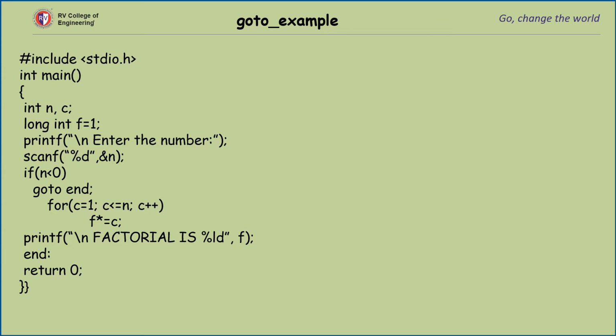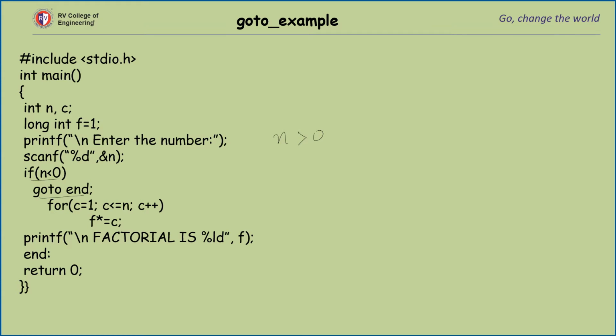I want to determine the factorial of a number provided the number entered is greater than 0. Now if the user enters a number less than 0, then I just want to end the program. So in this case, I check the condition n is less than 0. I straight away go to end.